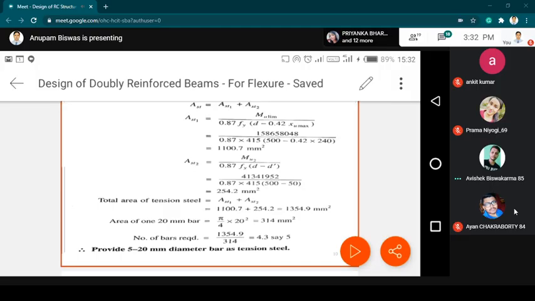एक मिनट सर, pi by 4 into d square, कितना आ रहा है वैल्यू? 490.87, 491 पकड़ लो.